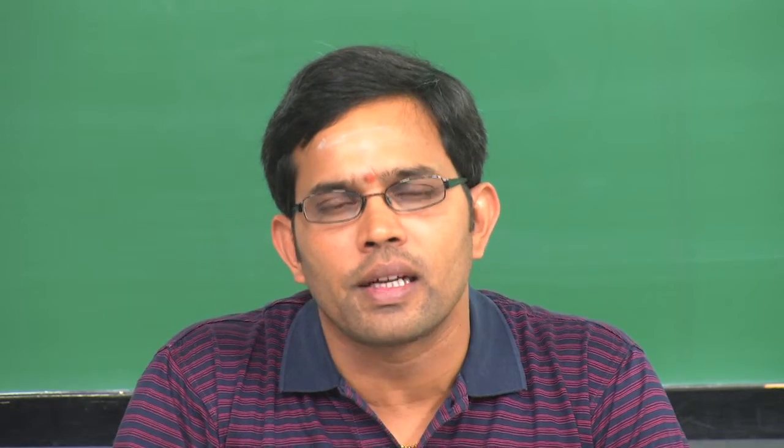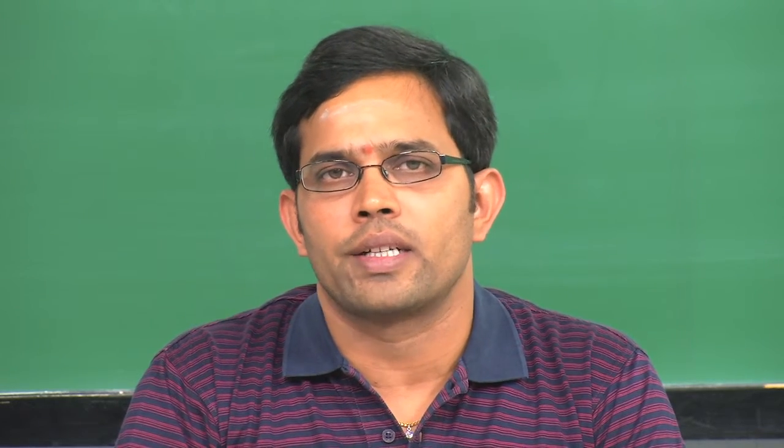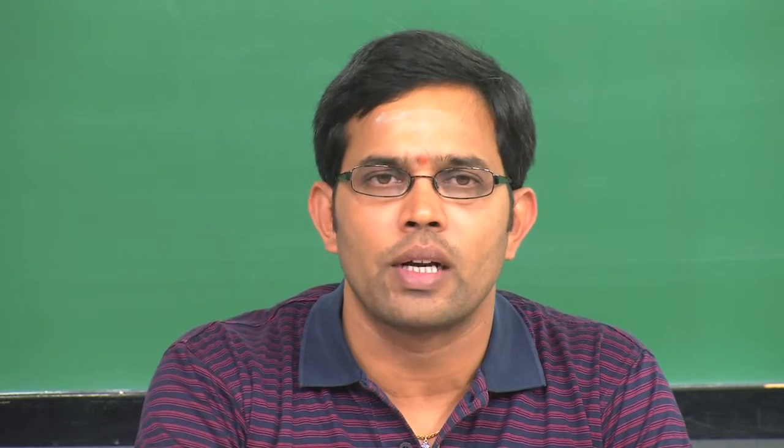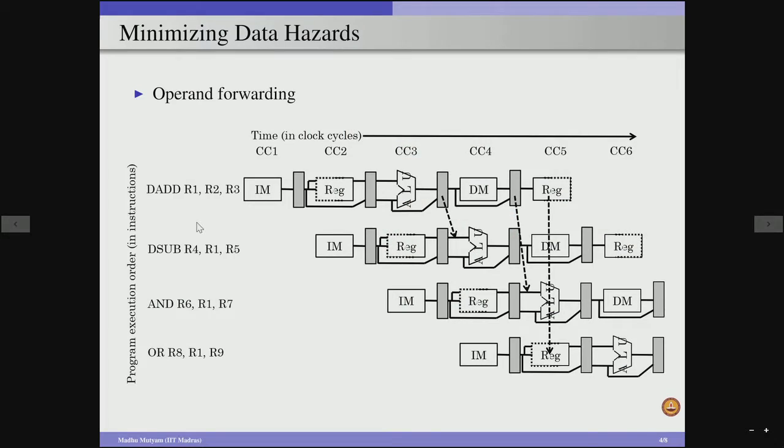We can minimize the penalty associated with the data hazards by forwarding the required operands to subsequent instructions, which is called operand forwarding. Now we can see here, we know that though we are going to read R1 in cycle 3 for the subtract instruction, the actual value is given to the functional unit or ALU only in cycle 4.